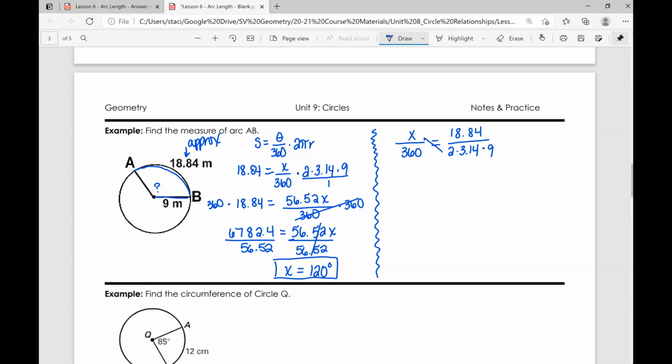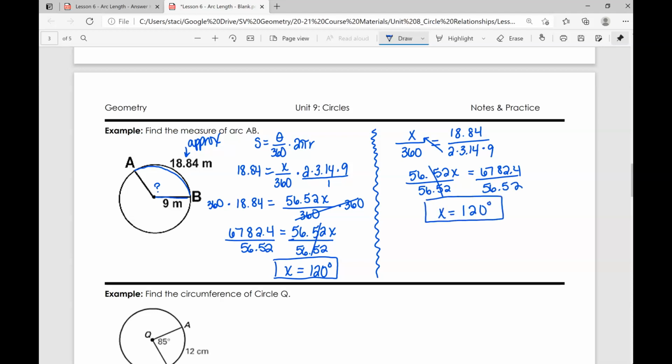If I cross multiply, 2 times 3.14 times 9 gives us 56.52x. And then 360 times 18.84 is 6,782.4. I'm going to divide both sides by 56.52, and we get x equals 120.